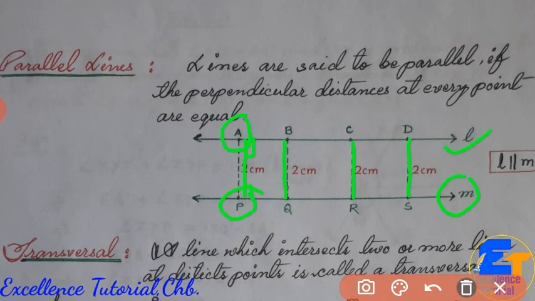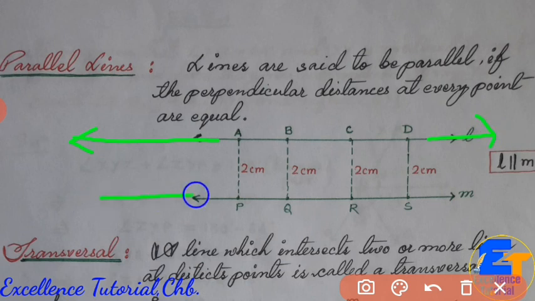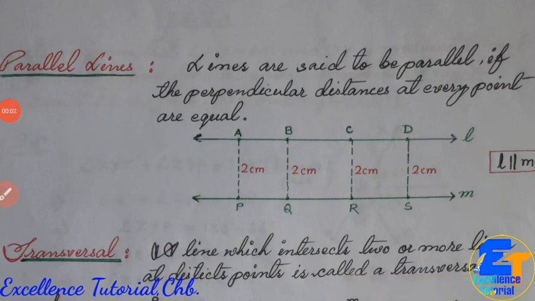And remember, if you extend the lines either in this direction or in this direction, be sure that if we extend these two lines endlessly in both directions, they are never going to intersect. They will never intersect each other.